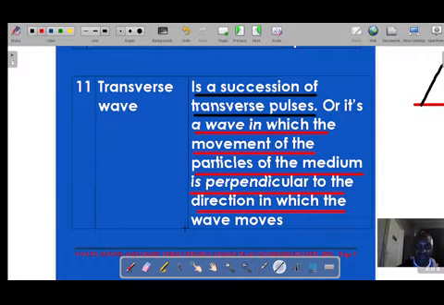So these are two definitions of the same term, and they all mean transverse wave. It is a succession of transverse pulses, or simply a wave in which the movement of the particles of the medium is perpendicular to the direction in which the wave moves. Okay, let us proceed with other terms.